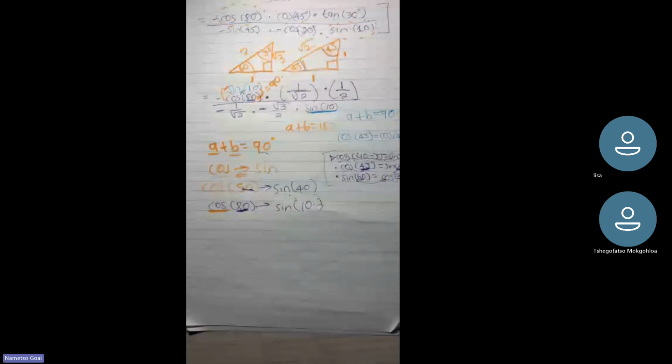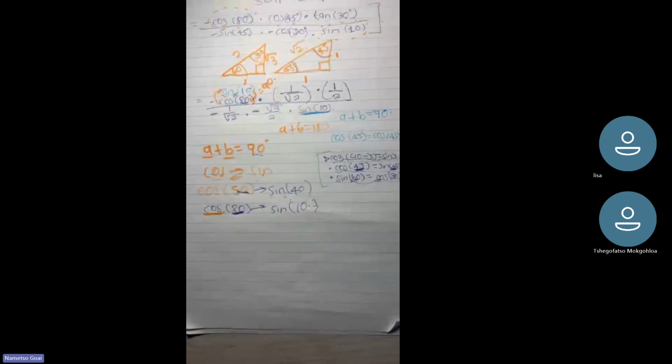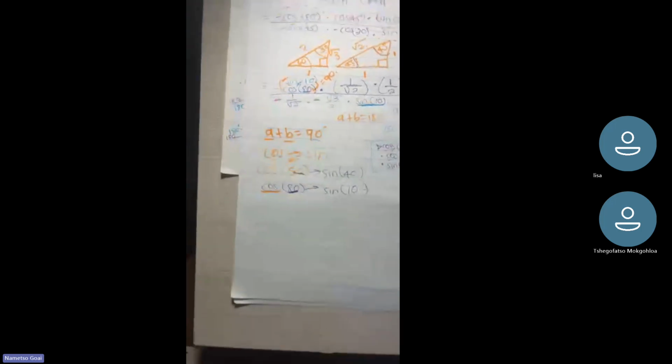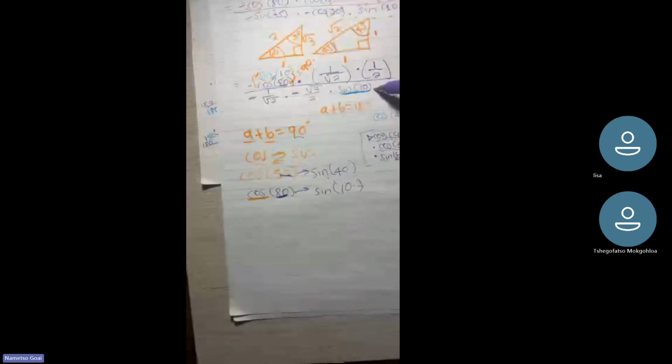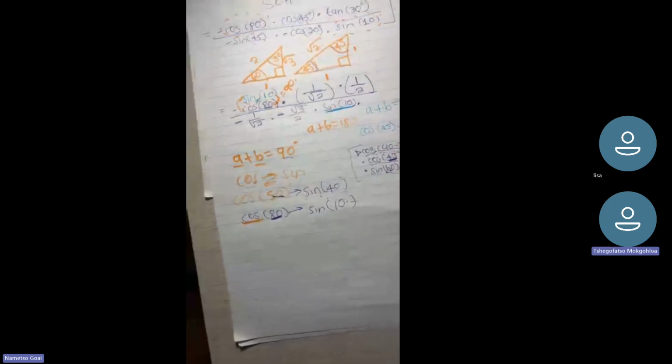Do you get it now? Yes, ma'am. So if you have a question with a cos 80, like we do in the question, and in the denominator you can see that we have a sine 10, if you are observant and you're not just rushing through the test, you will be able to tell that the cofunction of this cos 80 is sine 10.